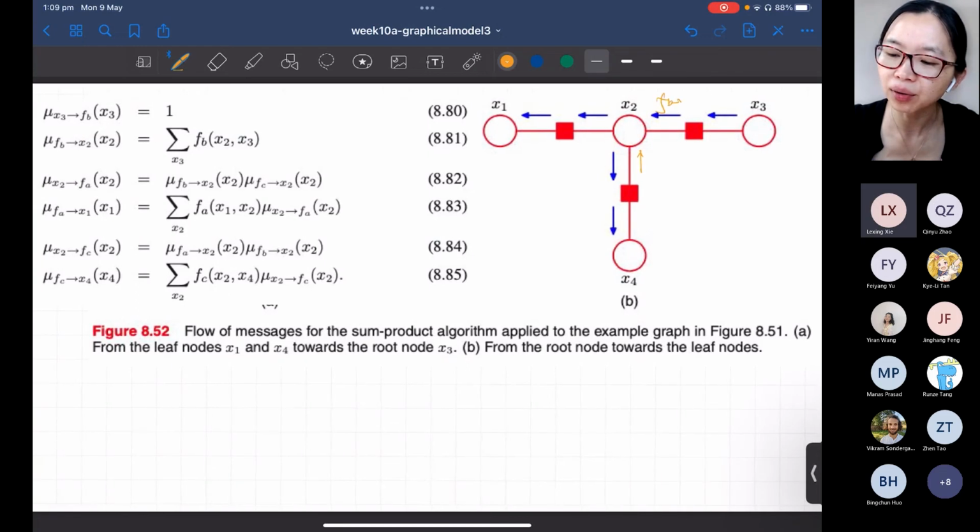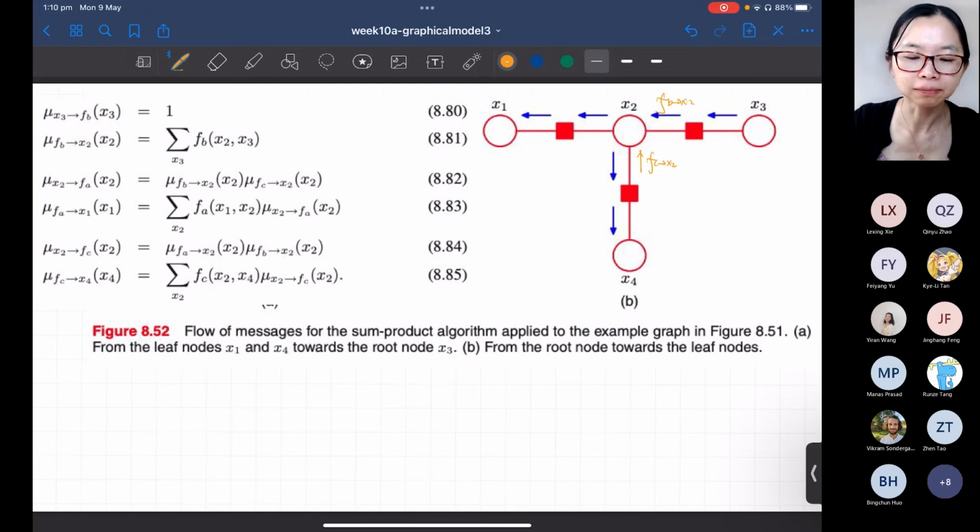So this is like fb to x2, and this is fc to x2. And now we get x2 to fa. And then the fa to x1 is multiplying fa and marginalize over x2. So this one will allow us to easily get the p of x1, right?